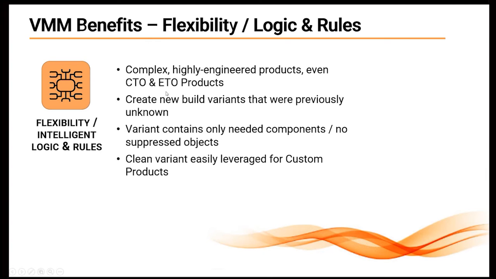Okay, and the last point I want to talk about is CTO and ETO products. Since now we can follow rules for building them, the rules are external. It's no longer buried in these overloaded assemblies. It doesn't have to be just an assemble-to-order solution. It can be a configure-to-order and an engineer-to-order solution.